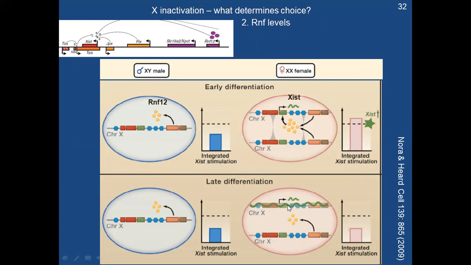But because Xist has recruited polycomb and other proteins to the inactive X chromosome, you don't need to continuously transcribe Xist. It is going to maintain one of the X chromosomes in an inactive state. This is the second mechanism behind X chromosome inactivation. Any questions here?